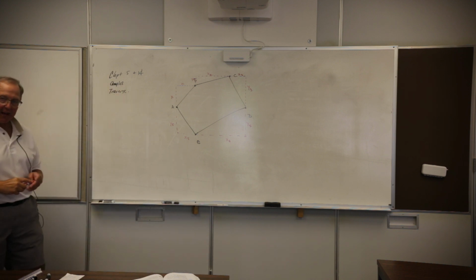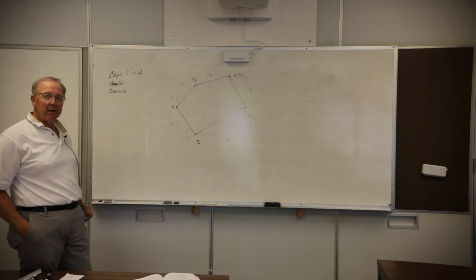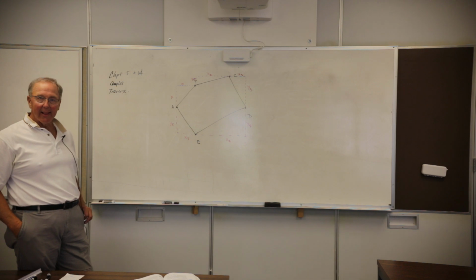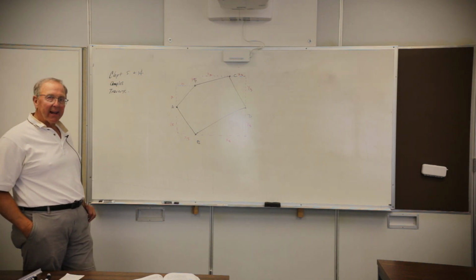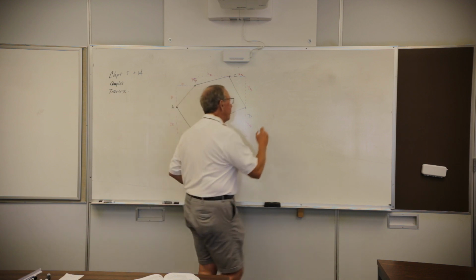Okay, this is the concept you need to handle. If I start at point A and walked on the sidewalks, the red dotted lines, and came back and ended up exactly at point A, what do you know about the sum of this?